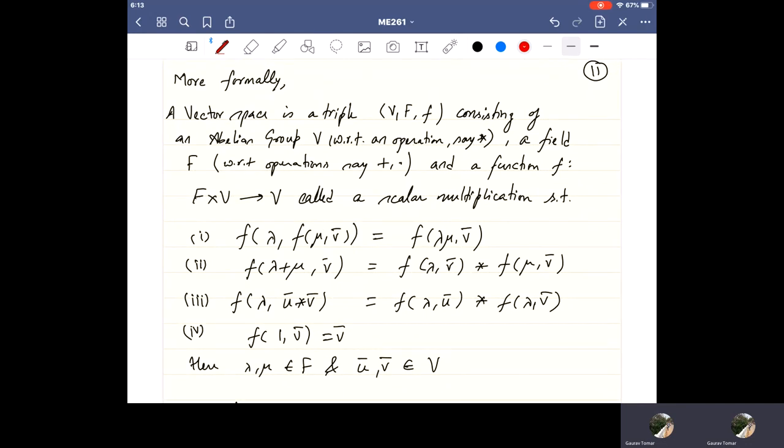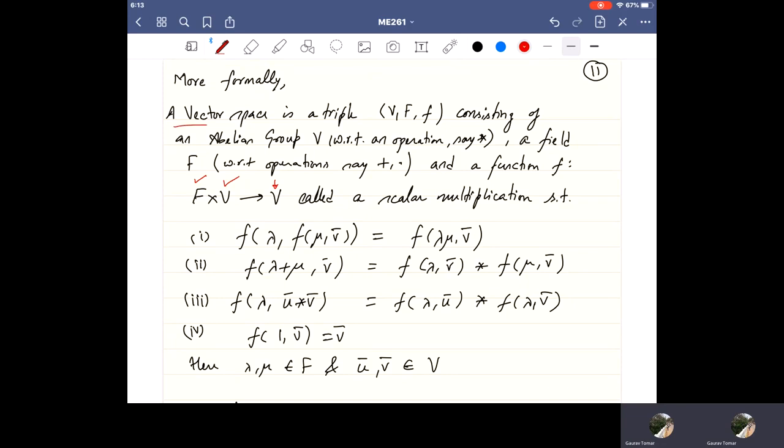So let's say we have this function f that we're defining. It takes one element from the field and one element from the vector space V, and it gives you an element of the vector space V, the group that we talked about in the previous slide.